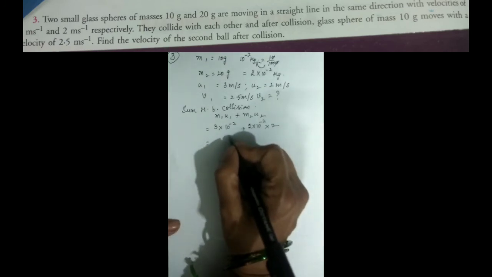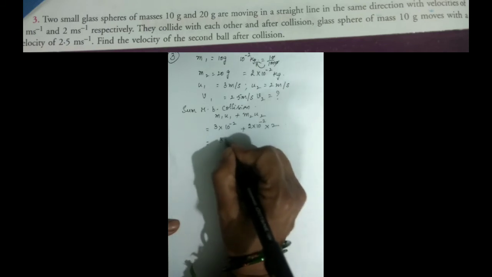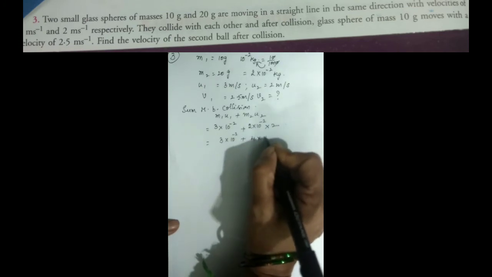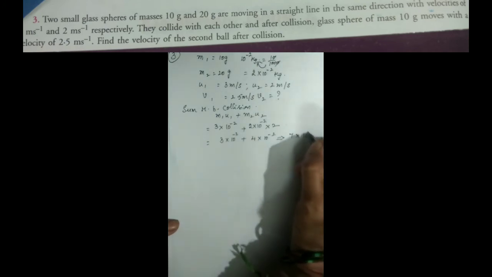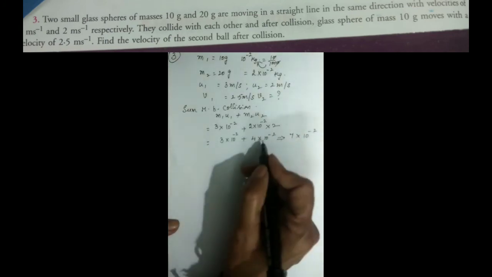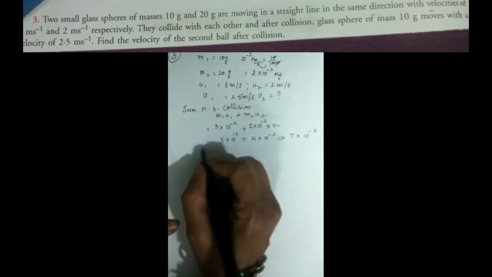So we can write 3 into 10 to the power of minus 2 plus 4 into 10 to the power of minus 2. That implies 7 into 10 to the power of minus 2. Three plus 4, 7. This is before collision, sum of momenta.